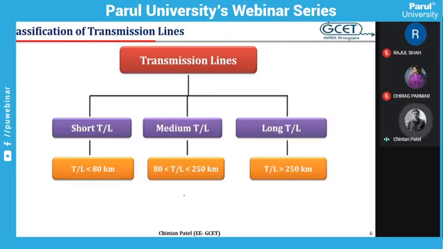When we consider the distance for the transmission line classification, we have to observe the area of the power system. For example, you can't compare the Indian power system and the Sri Lanka power system because Sri Lanka is a very small country. So it may be possible that in India, an 80-kilometer transmission line is considered short, but the same length will be considered either medium or long in a country like Sri Lanka or Bhutan. So this distance varies from country to country.